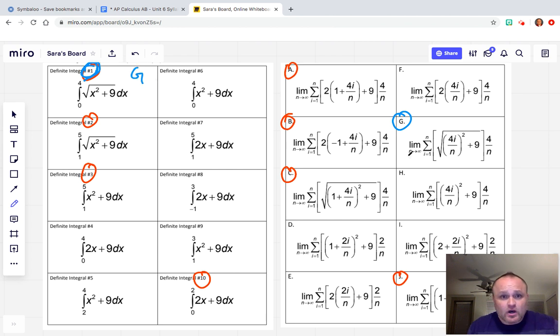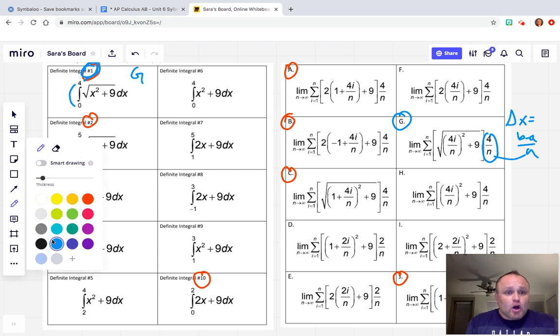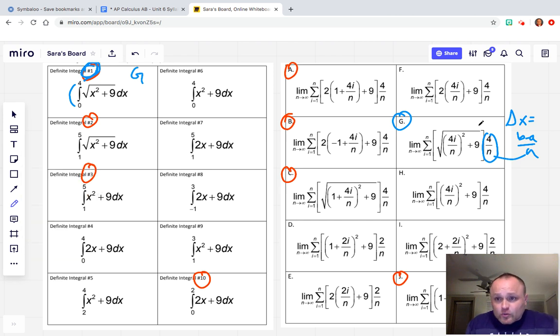The reason why is because this 4 over n is the delta x of b minus a over n. The ends match up, and we know the interval jump is by 4. So from 0 to 4, that checks out. All we're going to do now is look at the rest of our function.